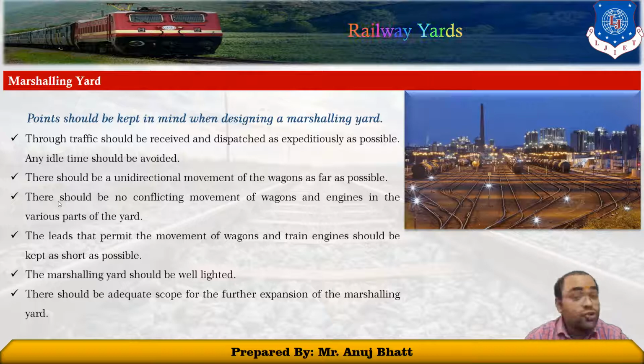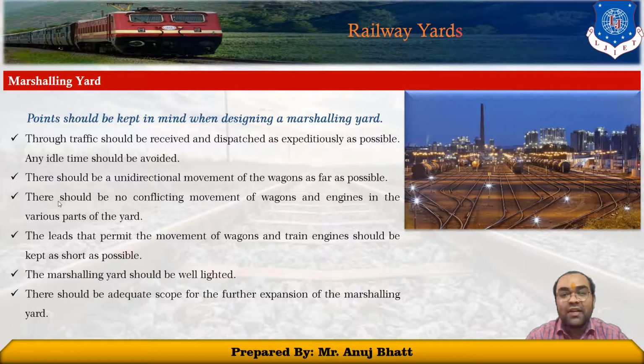Also, there should be no conflicting movement of wagons and engines in the marshalling yard. Also, the leads that permit the movement of wagons and train engines should be kept as short as possible.